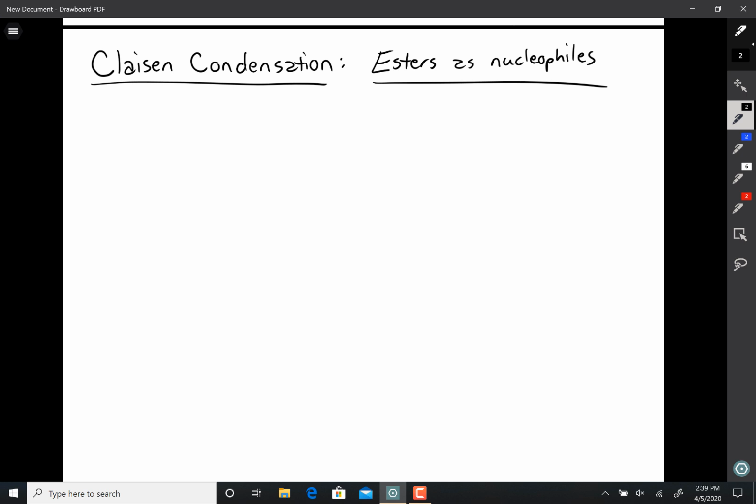Now, to recap, what you can do is take a carbonyl-containing compound that has enolizable hydrogens and add LDA to it.